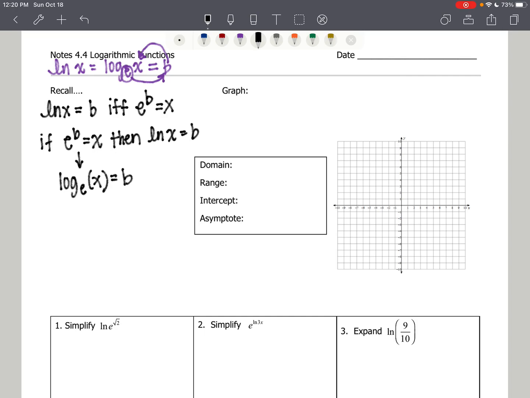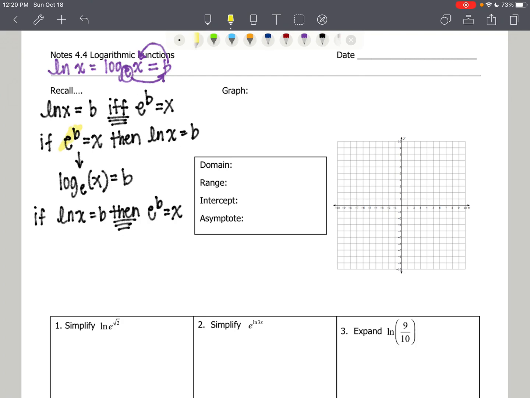And likewise, this if and only if means that I can start the opposite way and say if the natural log of x equals b, then e to the b equals x. So lots of different ways to say the same thing. This is our exponential form of a logarithm, and this is our logarithmic form of a logarithm.